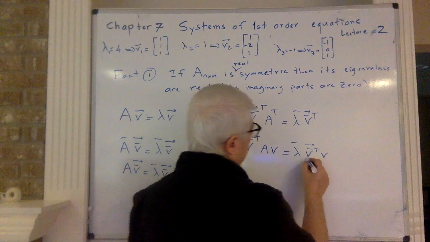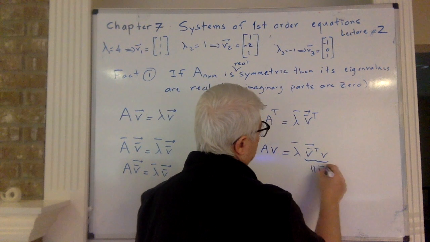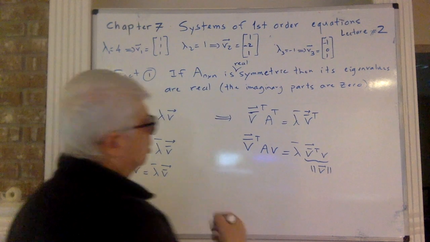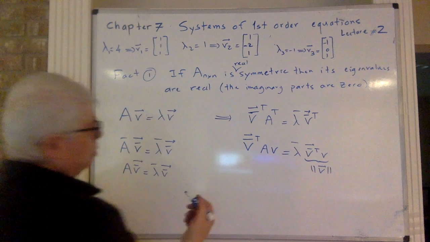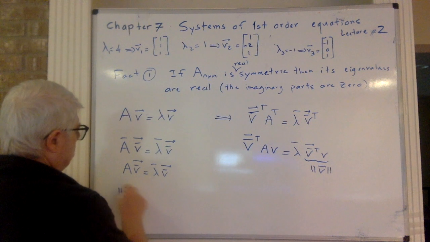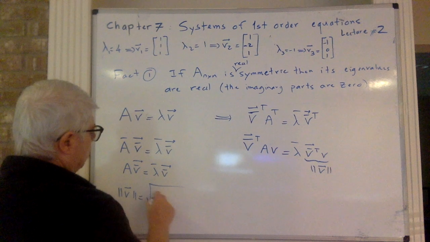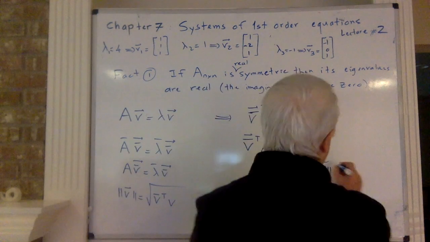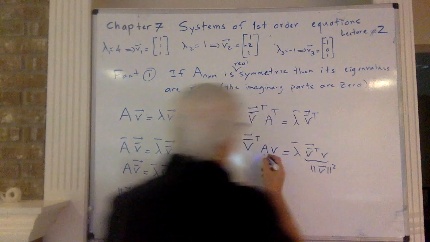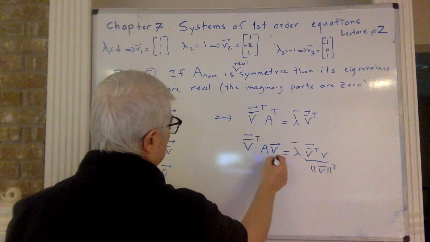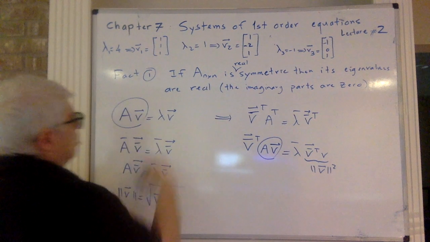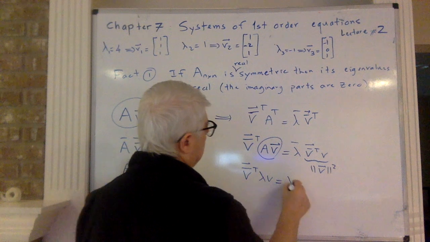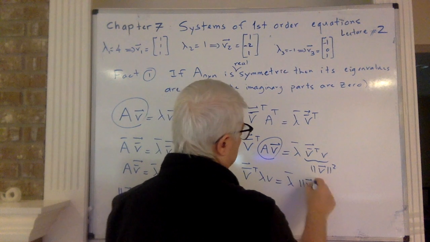Now this V bar transpose V is in fact the magnitude of V squared. Remember, the magnitude of V was the square root of V bar transpose V. So the left side, using A V equals lambda V, gives V bar transpose lambda V, which equals lambda bar times the magnitude of V squared.